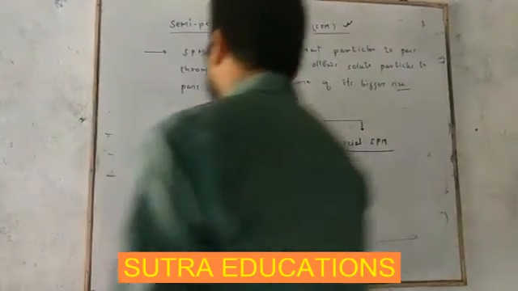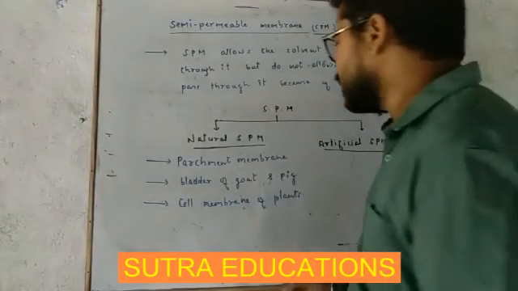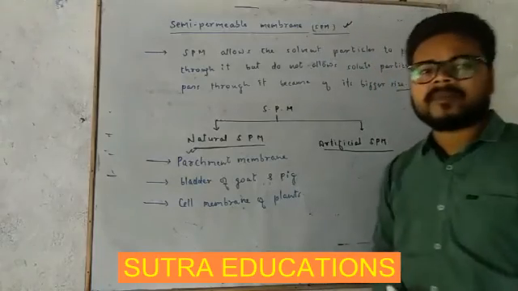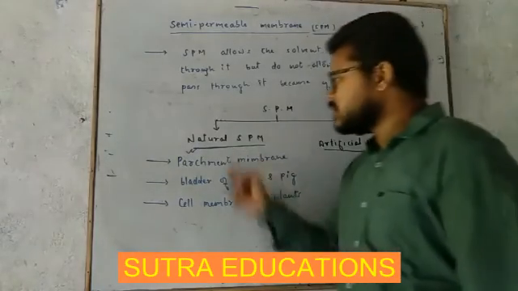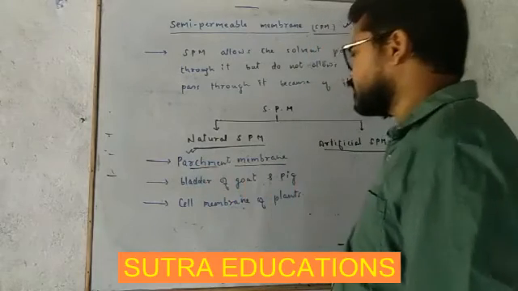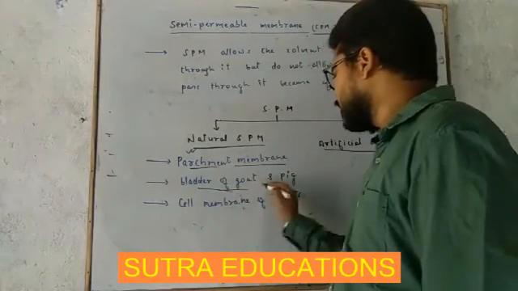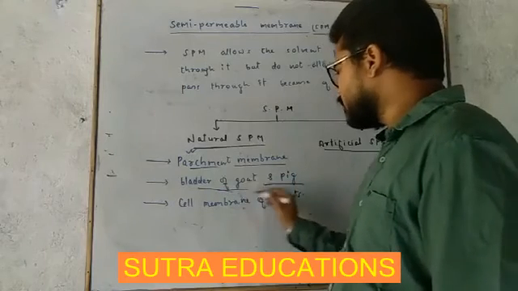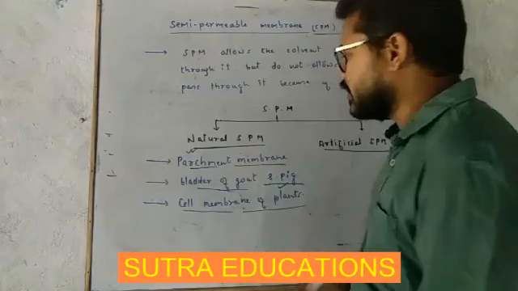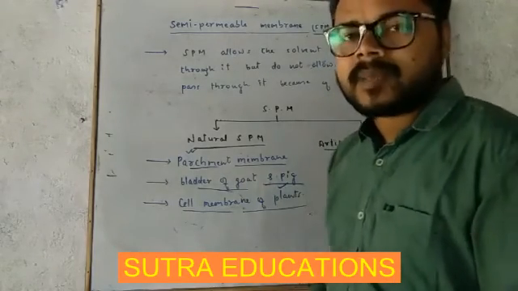Getting this? Natural SPM means which occurs naturally. That will be natural semi-permeable membrane. So natural semi-permeable membranes are parchment membrane, bladder of goat and pig, and cell membrane of plants. All these are natural semi-permeable membranes.